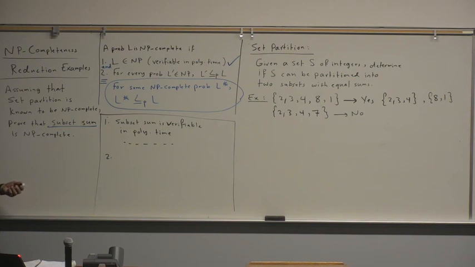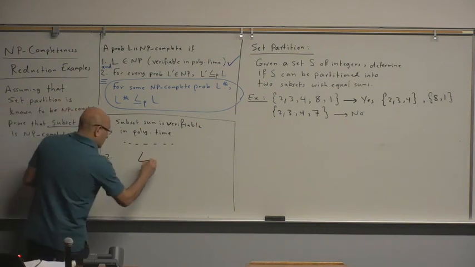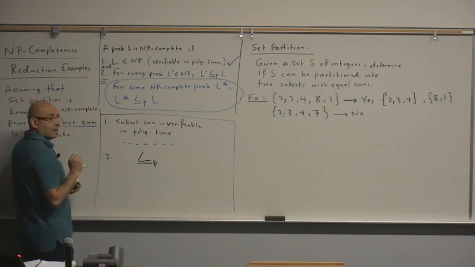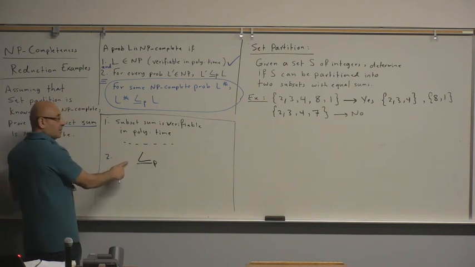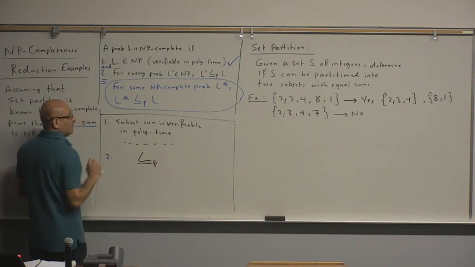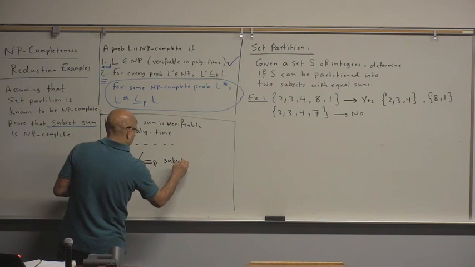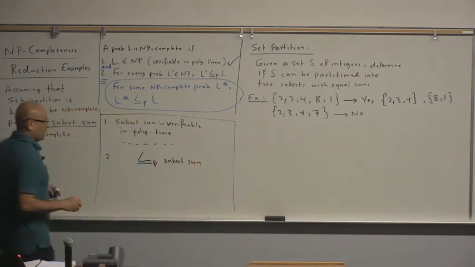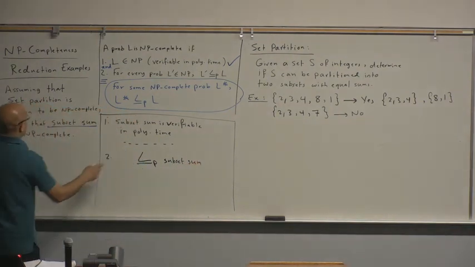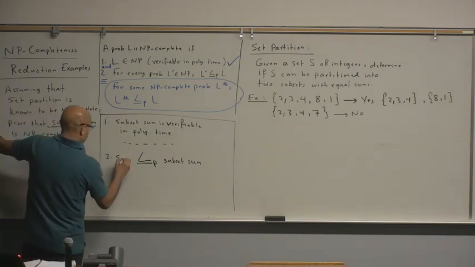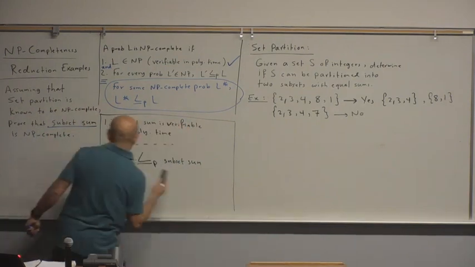The one that we are trying to prove, subset sum, should be here on the right-hand side, and the one that is assumed to be known, the set partition, should be on the left-hand side.